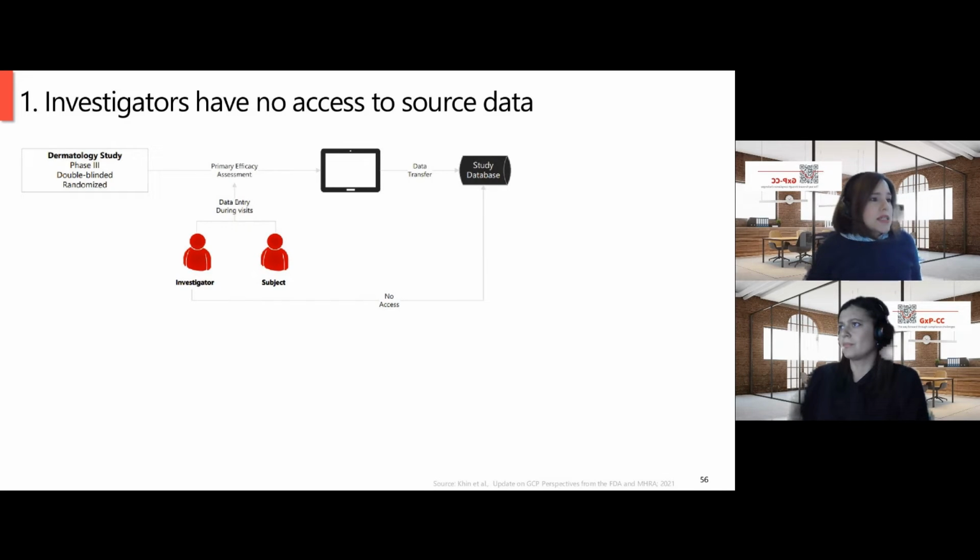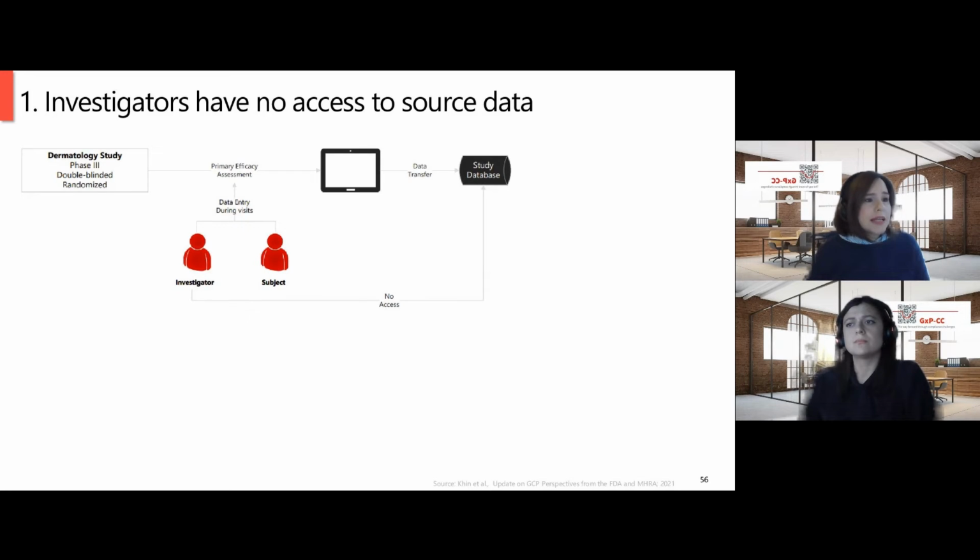So in this case, again, the primary efficacy assessment was based on data entry that was performed by subjects and investigators during the patient visits at the clinical site, and they were entered on a tablet which was provided by the sponsors of the trial.